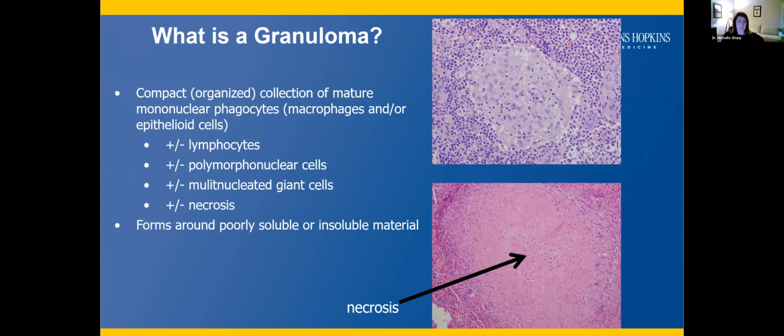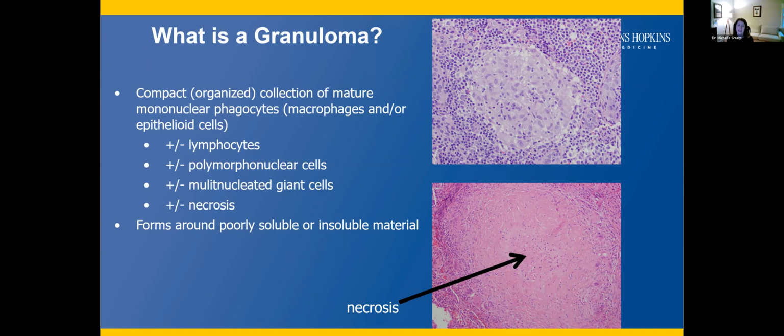So let's talk about what a granuloma is. It is a compact collection of mature cells in your body. It can be lymphocytes, it can be polymorphonuclear cells. The collection is macrophages and/or epithelial cells with these other types of cells associated. You can also have something called necrosis, which I'm showing you a picture of here, and that is really a breakdown of things in the middle.